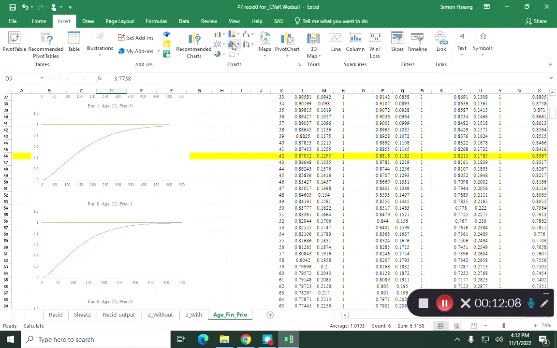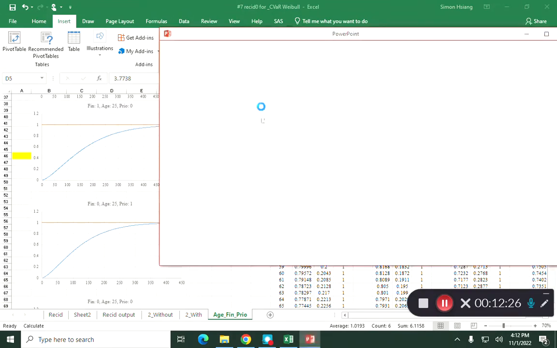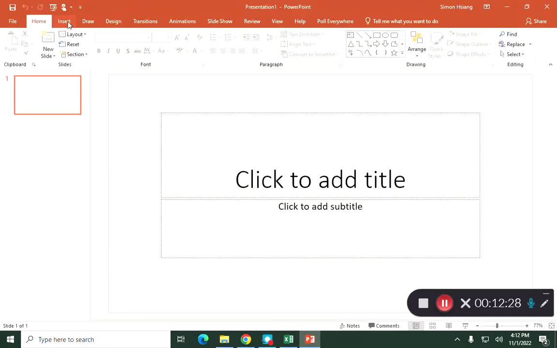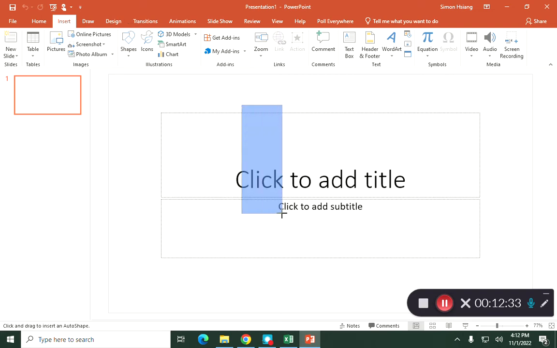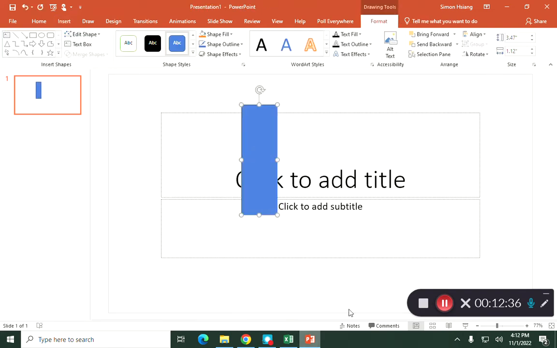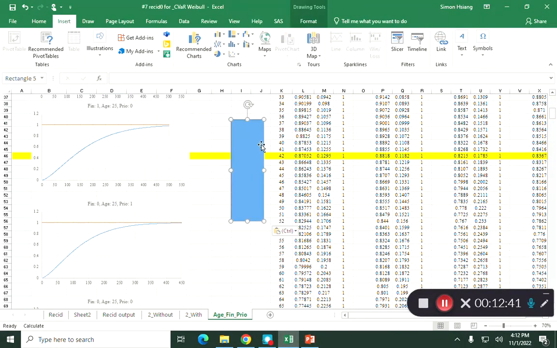One is to, here, let me see if I can insert, where's the shape? Let me see if I can do this. You can do two things.